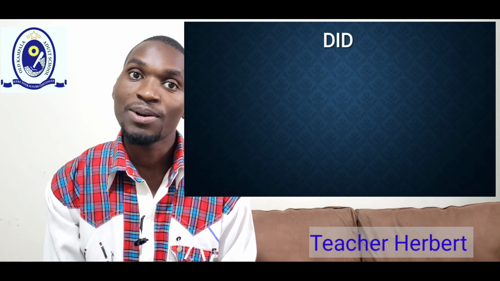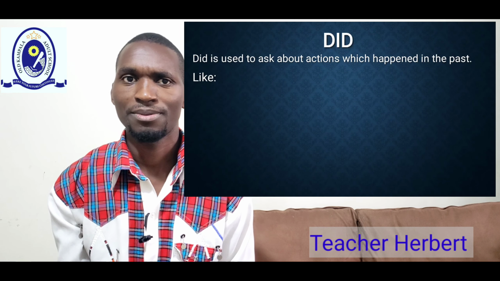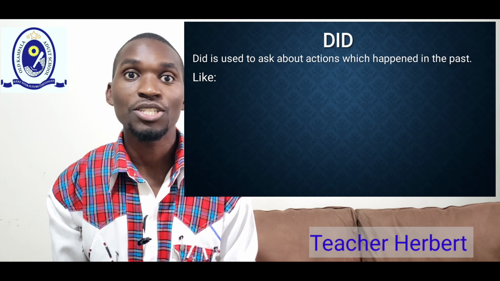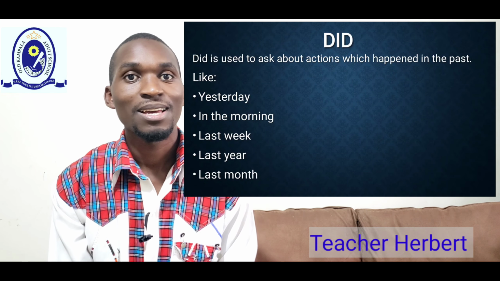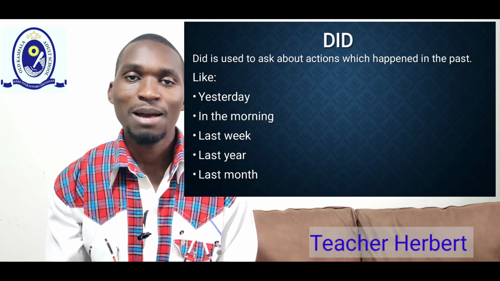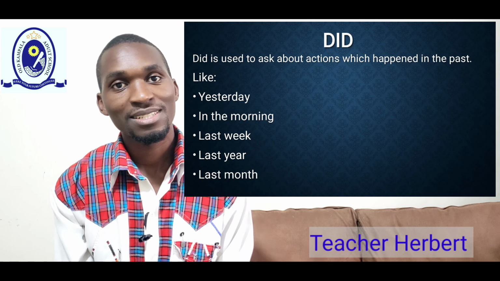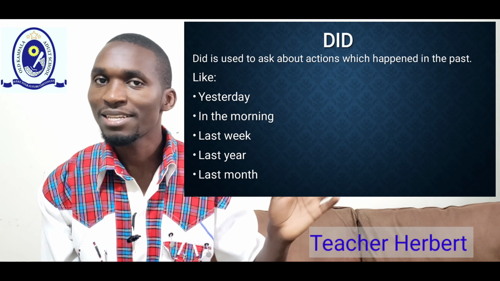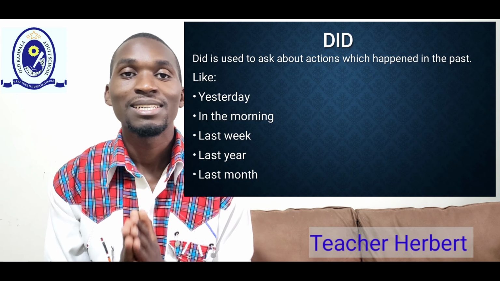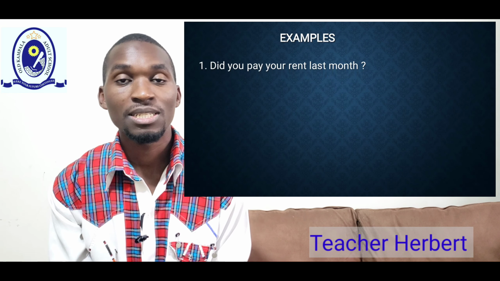Now we are going to start with did. Did is so simple. We use did to talk about actions that happened in the past, for example yesterday, last week, last month, or last year.